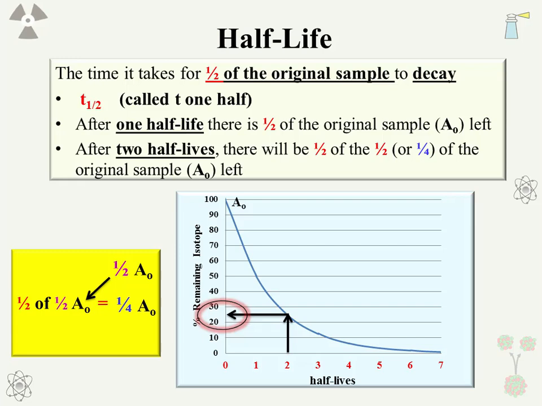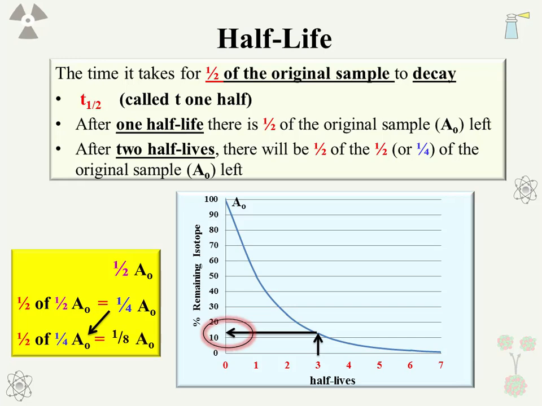Each passing half-life cuts down 50% of the amount from the previous half-life. When the third half-life passes, one half of the 1/4 remaining isotope decays, leaving 1/8 of A sub 0. 12.5% of the original material remains.